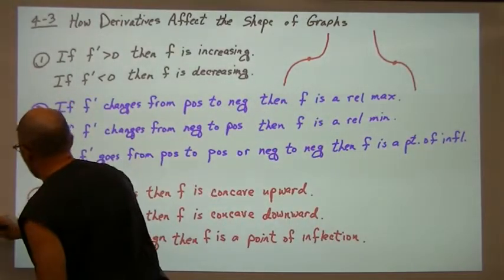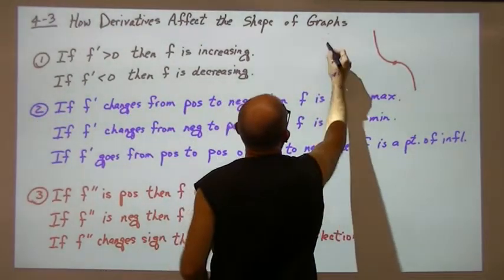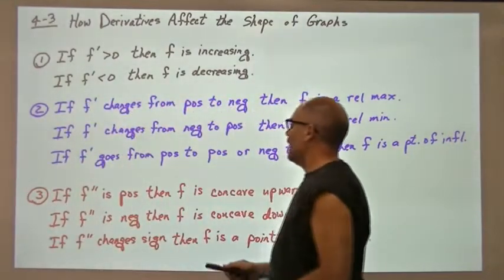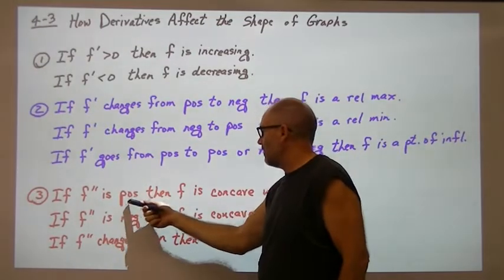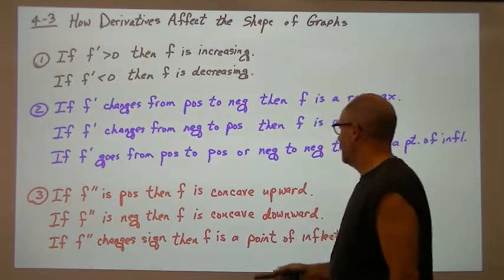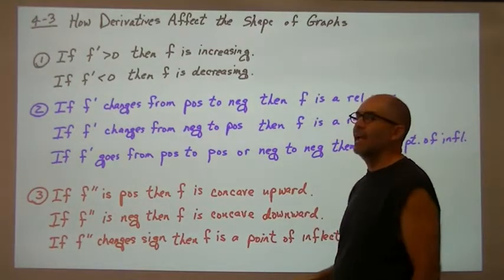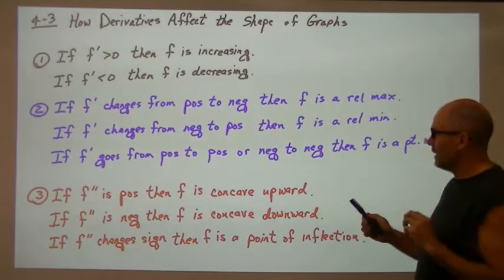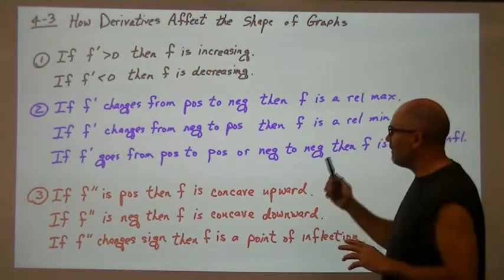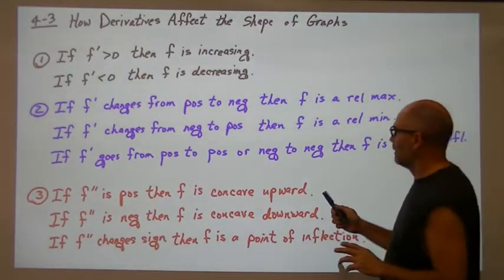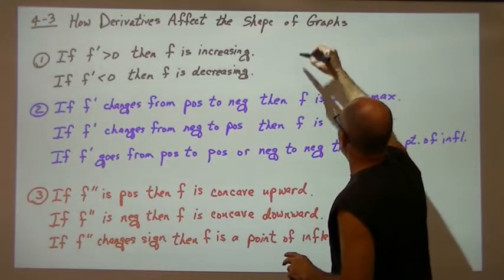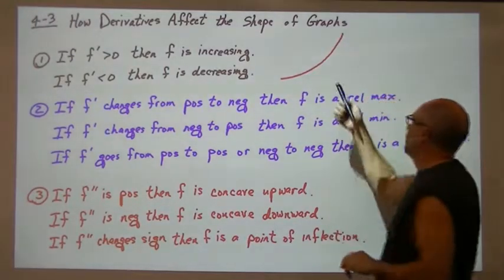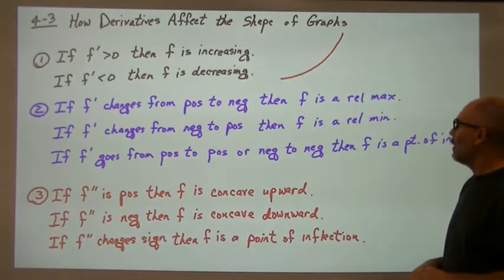All right, now, next, if f double prime is positive, then f is concave upward. All right, let's see what this actually means. That's what that looks like. Now, notice what's happening.